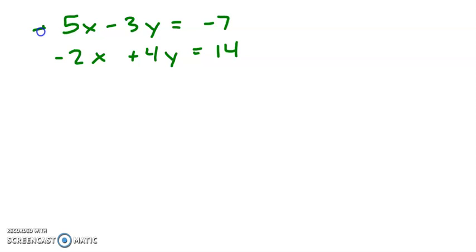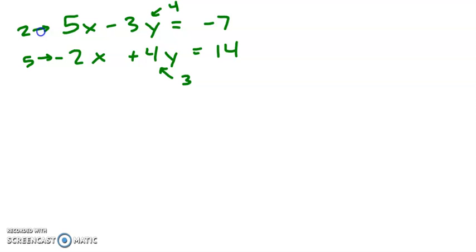So I could multiply my top equation by 2 and my bottom equation by 5, and I'm going to end up with a 10x on top and a negative 10x on the bottom. I could do the same with my y terms, where I'm multiplying the top by 4 to get a negative 12, multiply the bottom by 3 to get a positive 12. Okay, so it doesn't really matter which way you do it.